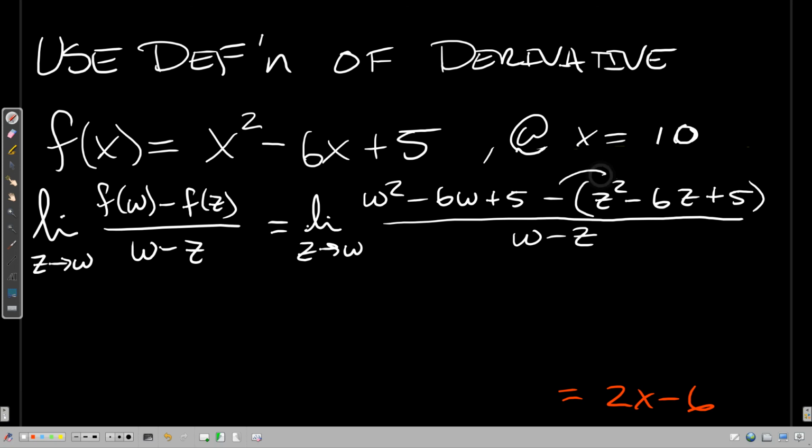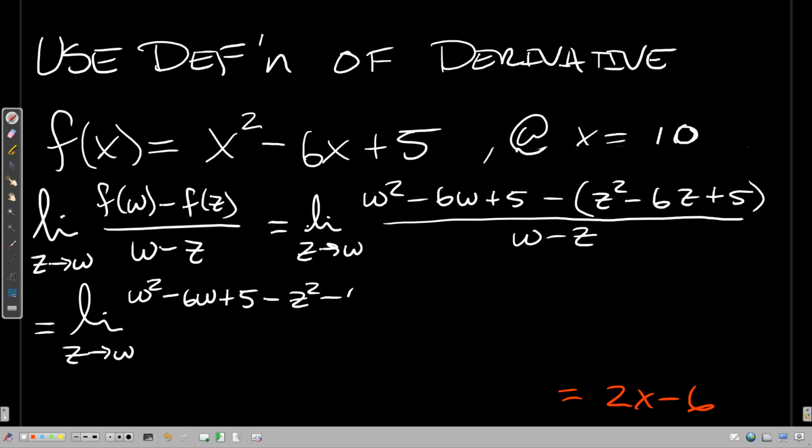Distribute the negative here, here, and here. And we would be looking at w squared minus 6w plus 5 minus z squared plus 6z minus 5 over w minus z.